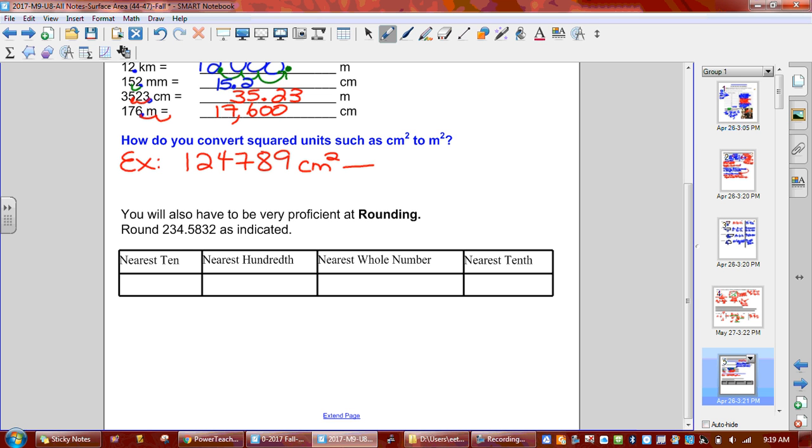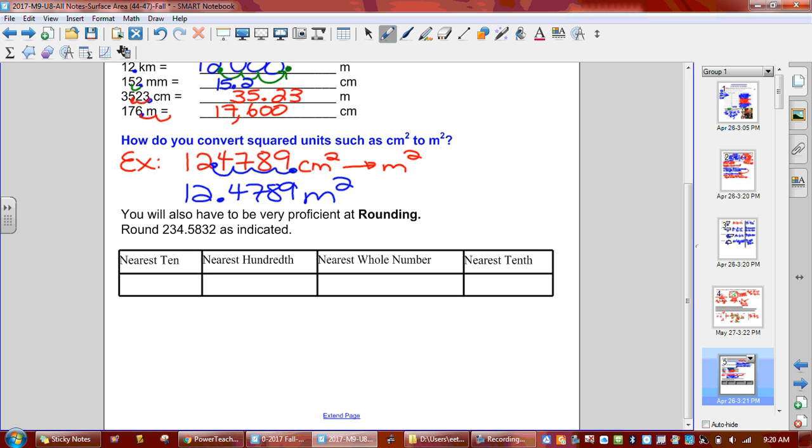So that's going to be moving 4 times. Right now we have a hidden decimal. It's sitting right there after the 9. Now I got to move it 4 to the left. So 1, 2, 3, 4. It's going to sit in between the 12 and the 4. So we get 12.4789 meters squared.